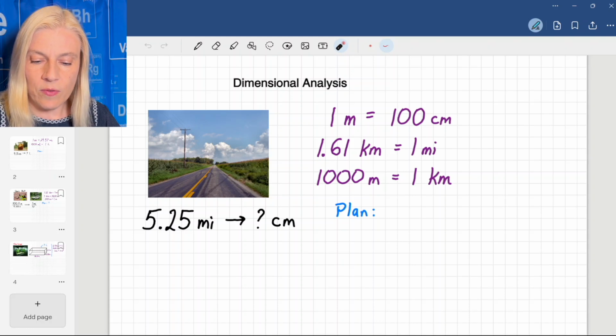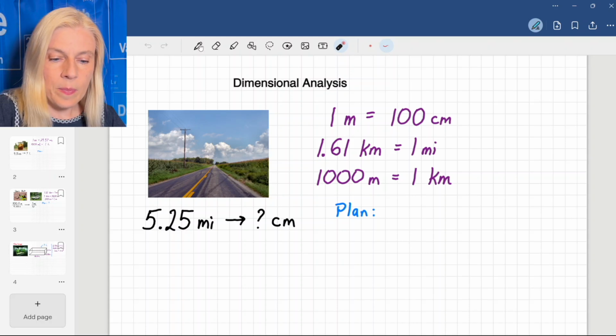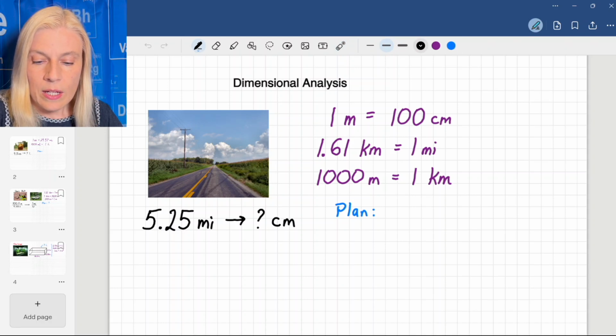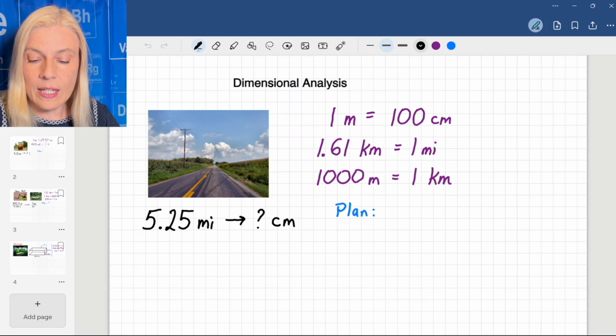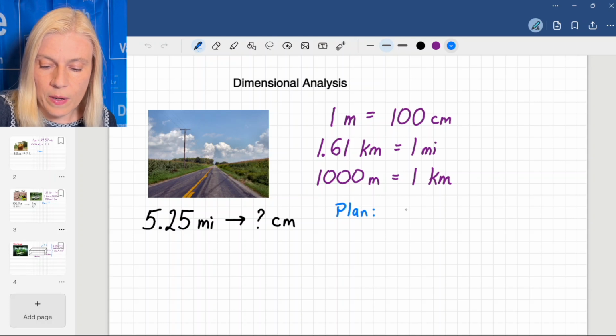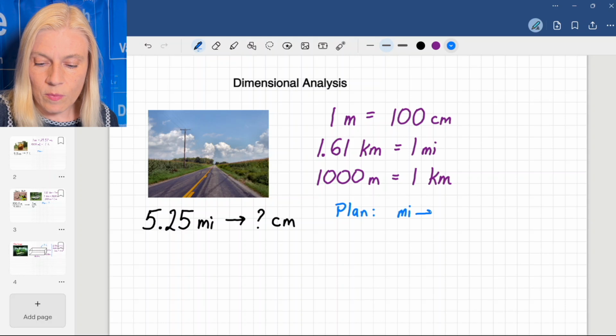So here is some information, and let's plan. Well, first, let's look at the middle conversion factor. It's the only one that has miles, and it tells me how many kilometers. So I think the plan would be, if we start with miles, then we will go to kilometers.